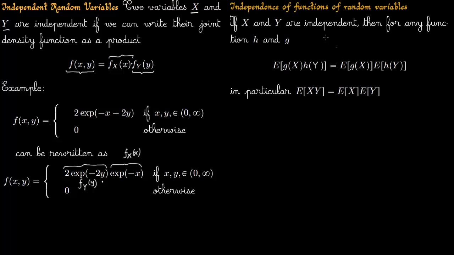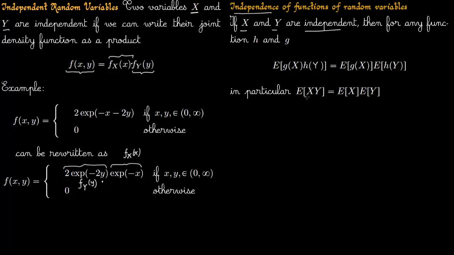Now we talk about the expectation of functions of independent random variables. So if x and y are independent, then for any functions h and g, say h is a function of y and g is a function of x, the expectation of g times h is the expectation of g times the expectation of h.